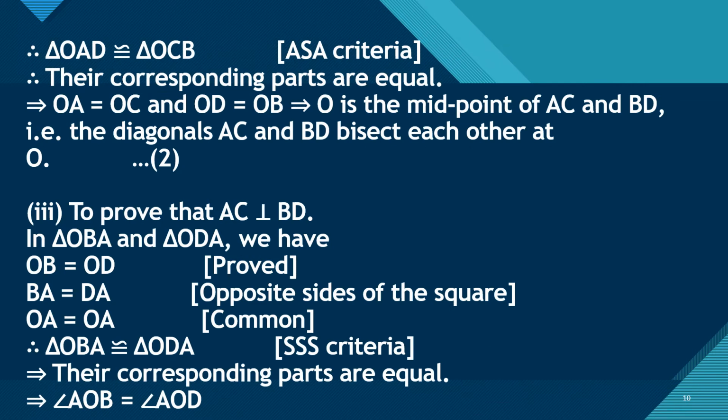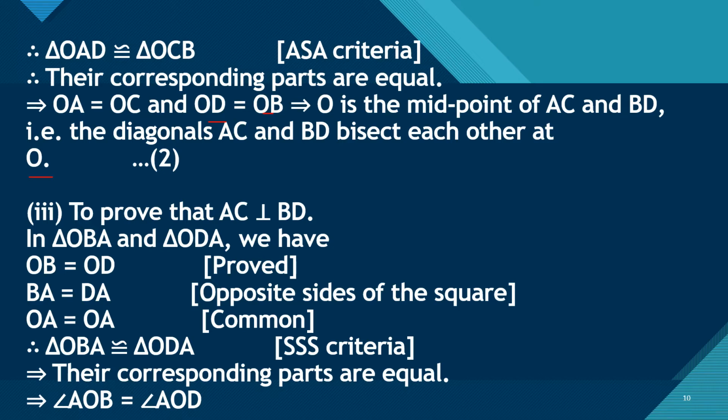So triangle OAD is congruent to triangle OCB by SAS congruence criteria. Their corresponding parts are equal. So OA equals OC and OD equals OB, so O is the midpoint of AC and BD. That is, the diagonals AC and BD bisect each other at O.